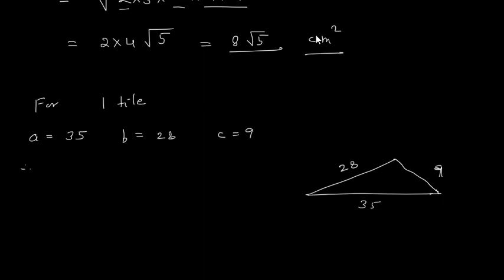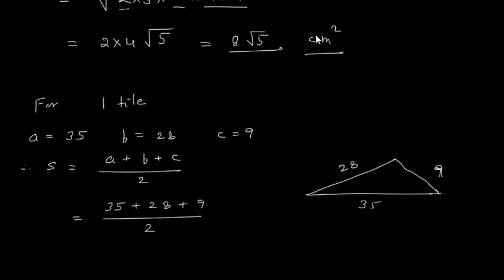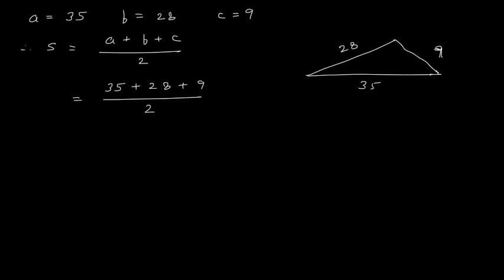Therefore S equals (A plus B plus C) divided by 2, which will give me (35 plus 28 plus 9) divided by 2. 9 plus 8 is 17, 5 plus 8 is 13, 13 plus 9 is 22, so I write 2 here. 2 plus 2 is 4, 4 plus 3 is 7.